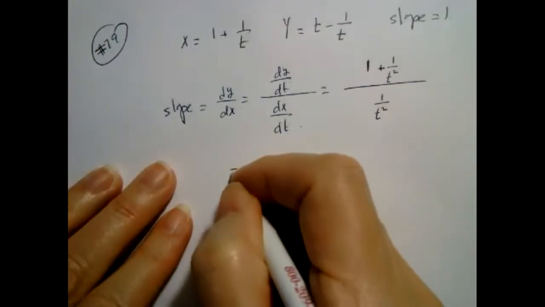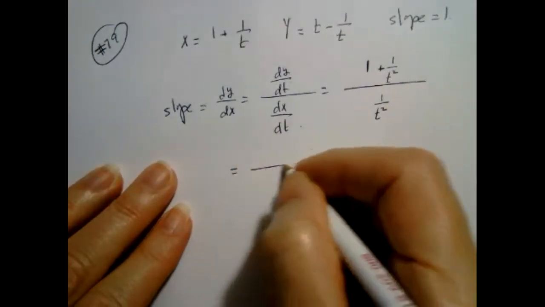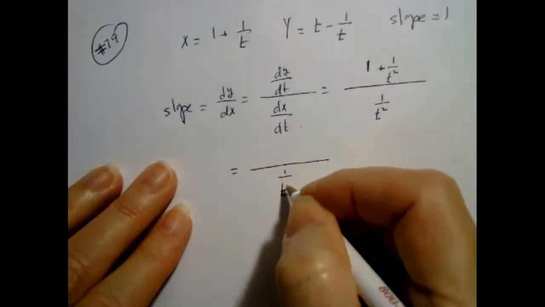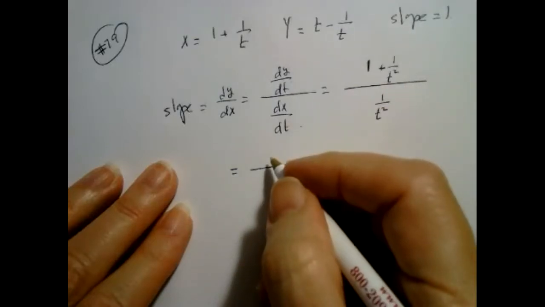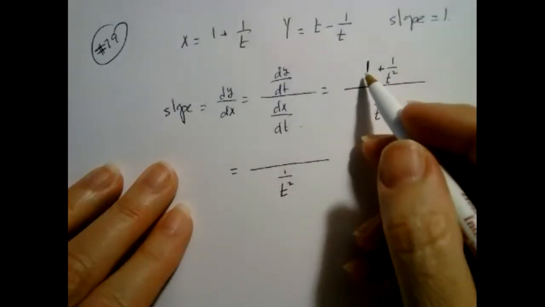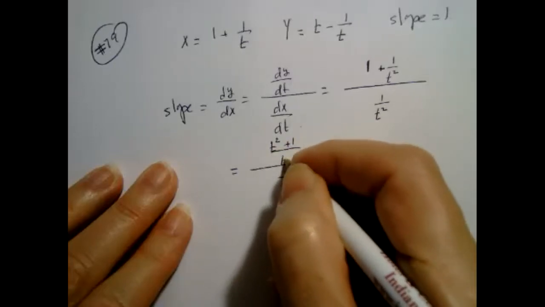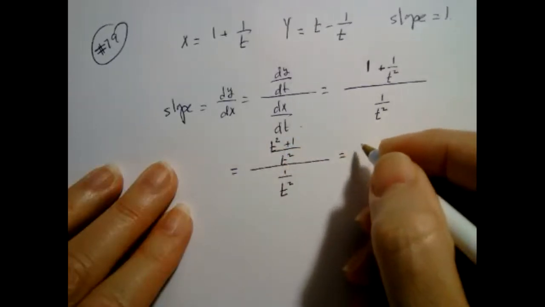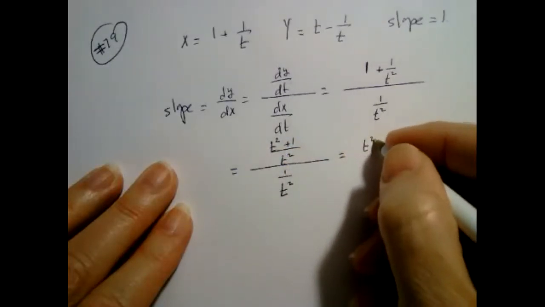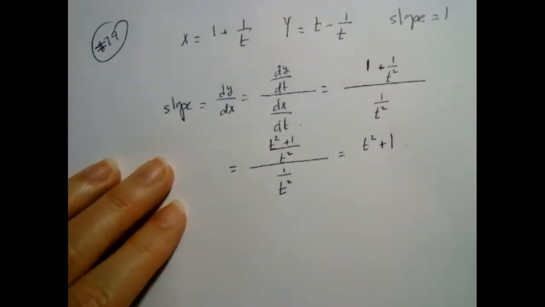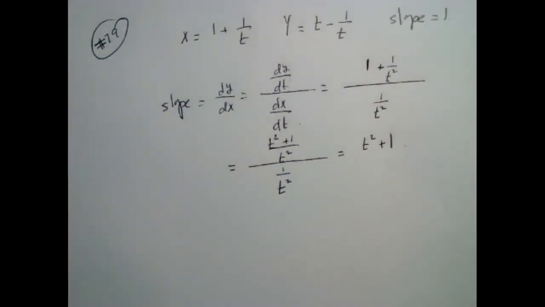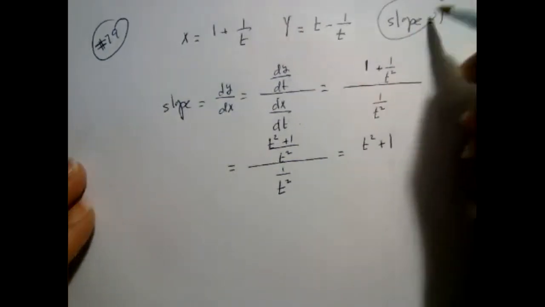So this is going to be equal to, using a common denominator in the numerator to simplify it a little bit, t squared plus 1 over t squared, and this will leave me with t squared plus 1 after a little bit of algebra. All right. Now, when is the slope equal to 1?